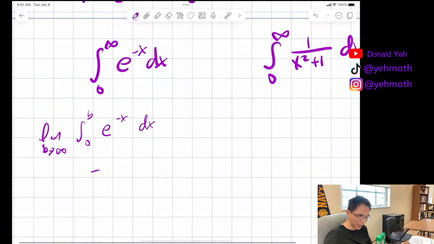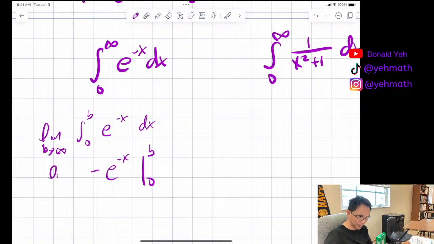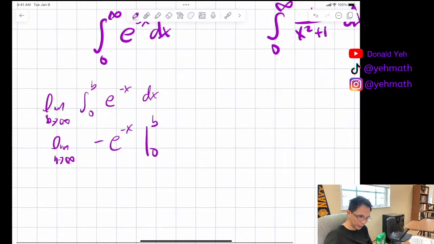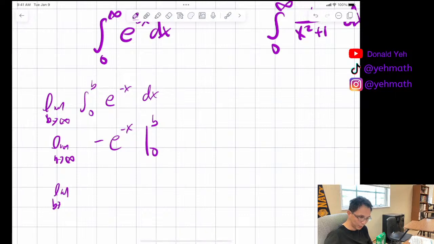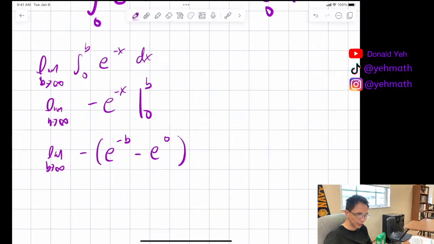So that's going to be negative e to the negative x from 0 to b, with the limit as b approaches infinity. That will be the limit as b approaches infinity of negative e to the negative b minus negative e to the 0. What's e to the negative b as b goes to infinity? That is equal to 0. Negative, negative 1 is positive 1.